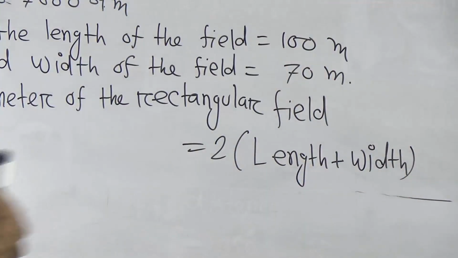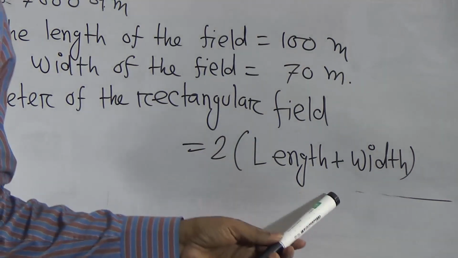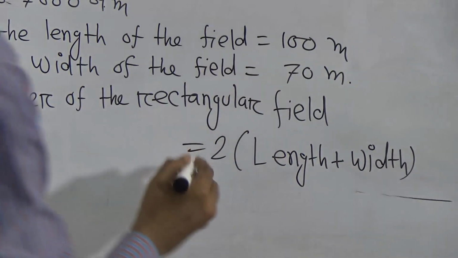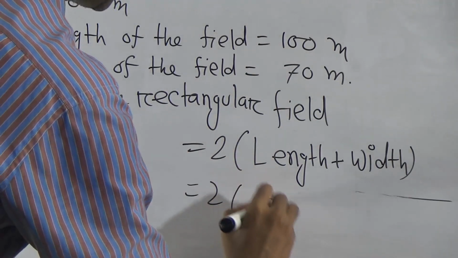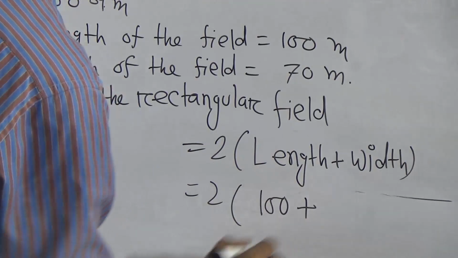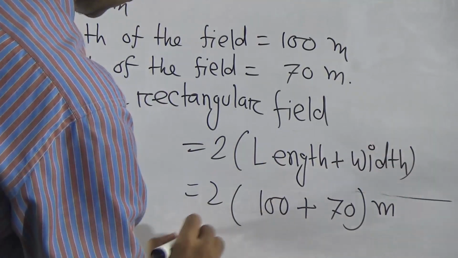Perimeter of the rectangular field 2 into length plus width. Now put the value 2, length 100 plus width 70, write the unit meter.